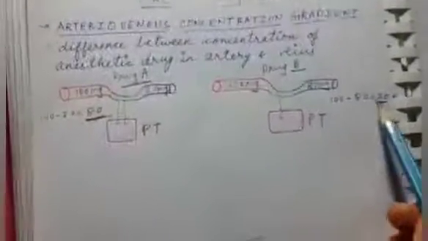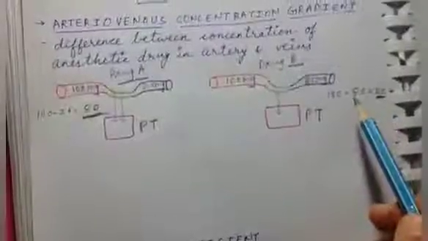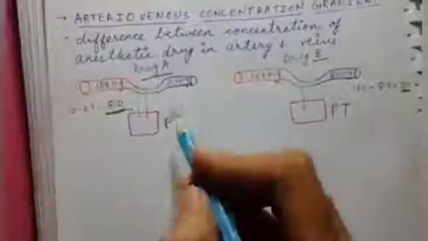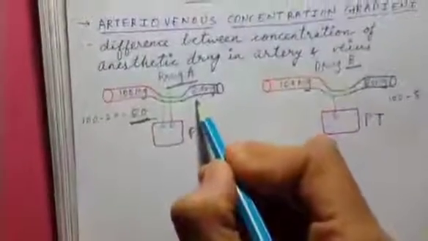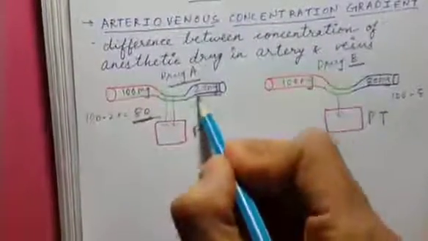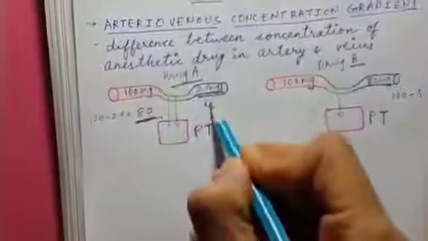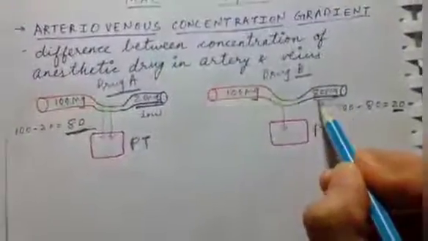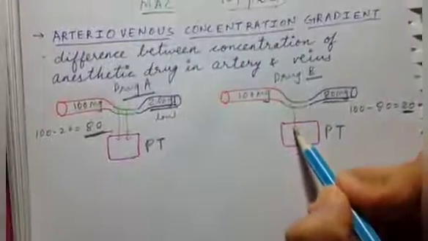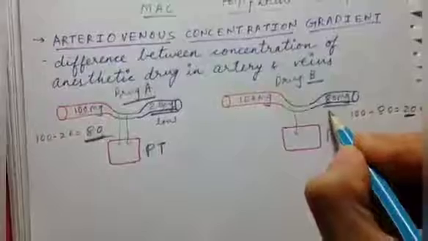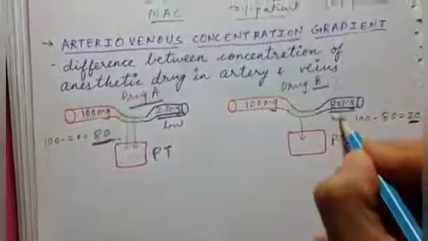So what does this mean? What should we derive from this? Let's try to understand. In the first case, the concentration of the drug in blood remains low, while in the second case the drug remains confined to the blood vessels. It is not entering the peripheral tissue very quickly, so here the concentration is high.